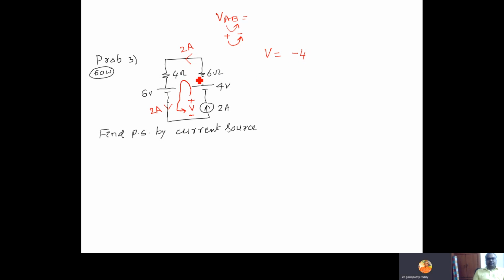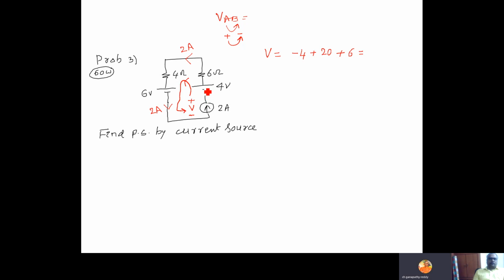Here 4 and 6 are in series. 4 and 6 in series is 10. 10 into 2, 20. Plus 20, plus because our direction and the current direction are the same. Here again going from positive to negative, plus 6. So it is 26 minus 4.